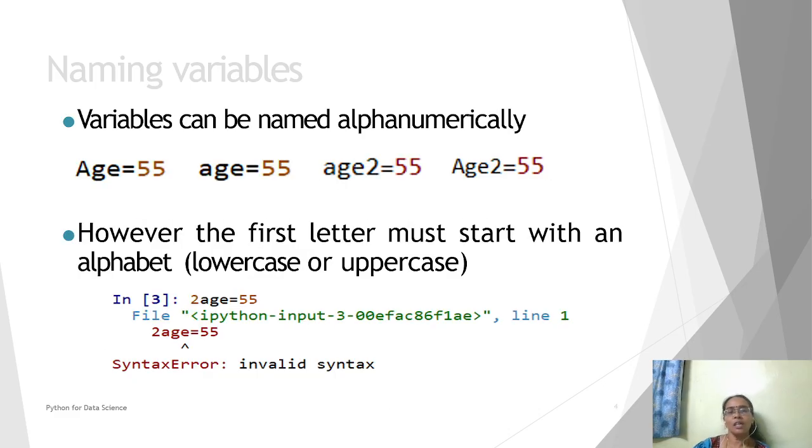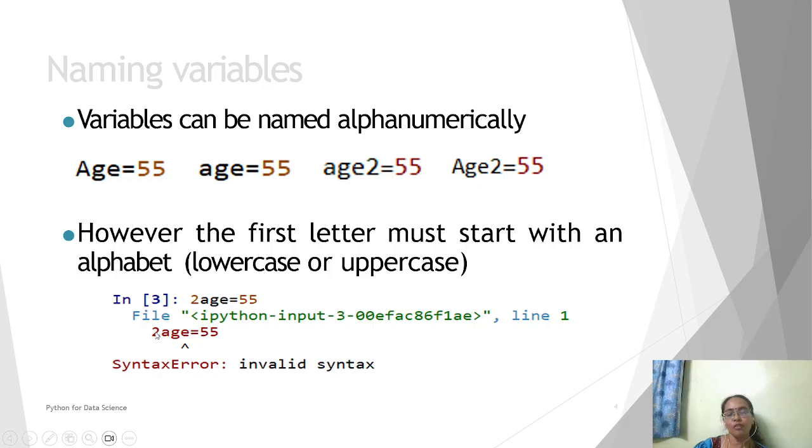How can we use variable names alphanumerically? First of all, the first letter can be a capital letter or a small letter, but we should not use a number in the first place. For example, I have given 2age equal to 55, where the first character is numerical.